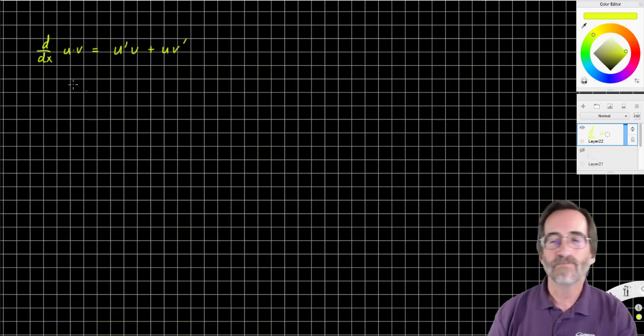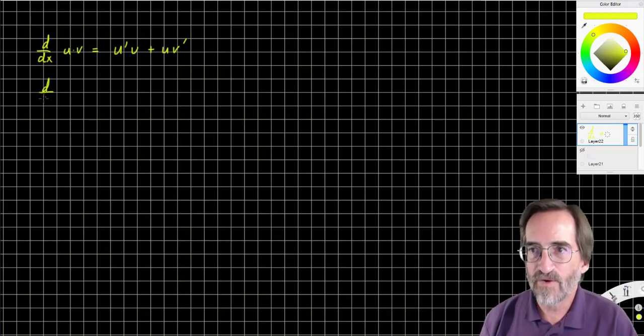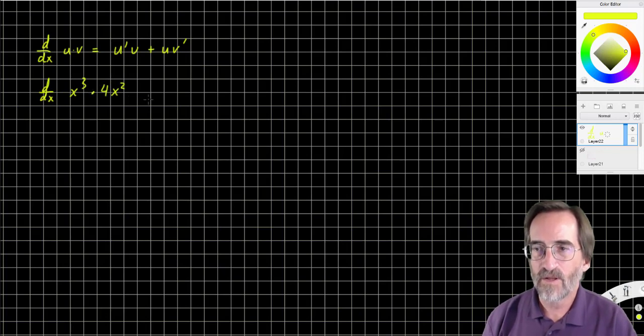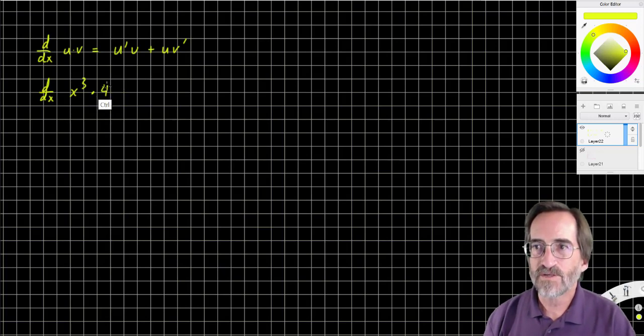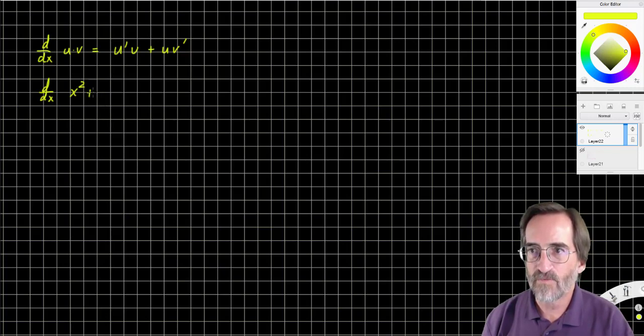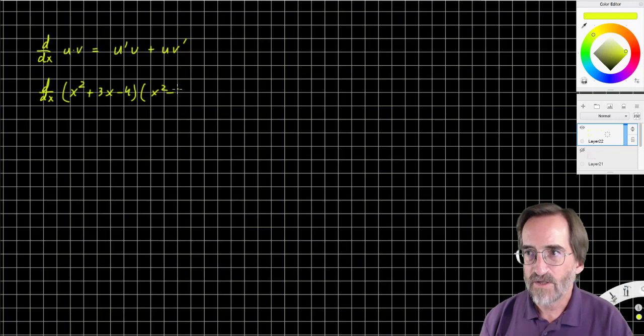Let me demonstrate. Let's do it as the product of two polynomials: x squared plus 3x minus 4 times x squared minus 5. This is my u, and this is my v.